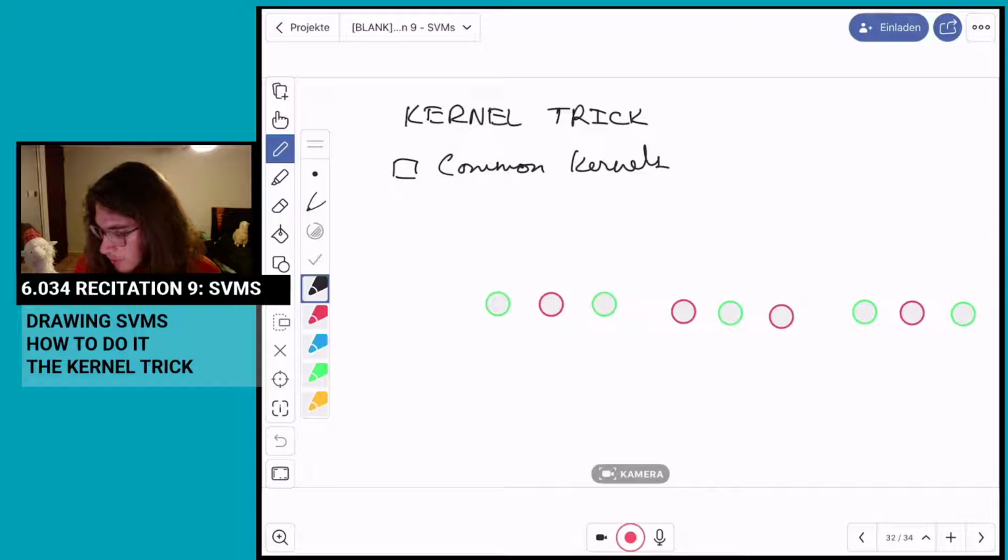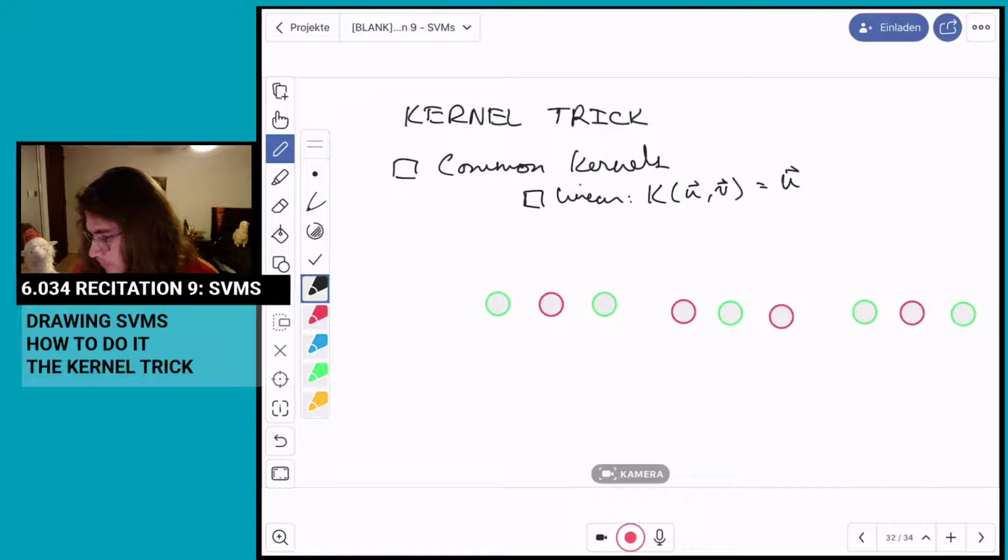There's the dot product kernel. I'm not going to rewrite it. The linear kernel is fairly similar. I'm going to stick with u and v, because if I write xi and xj, it's going to get very confusing. And that's going to be equal to u vector dotted with v vector plus b. And this is going to draw a line.